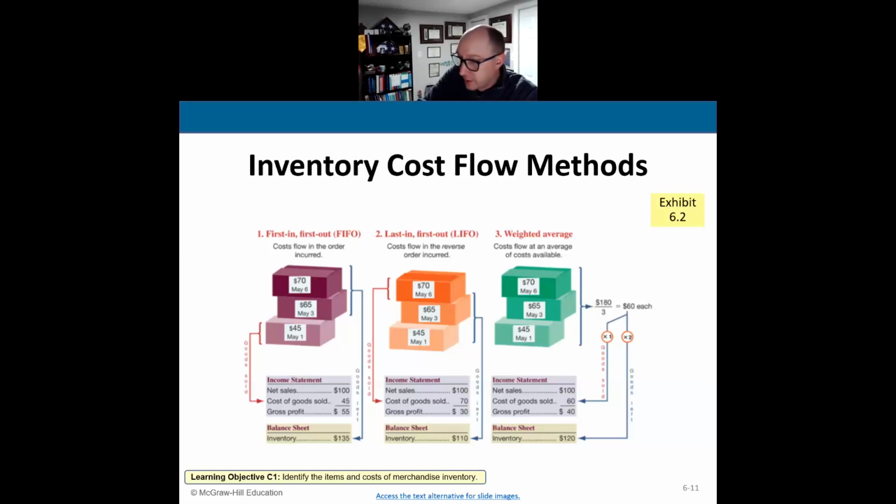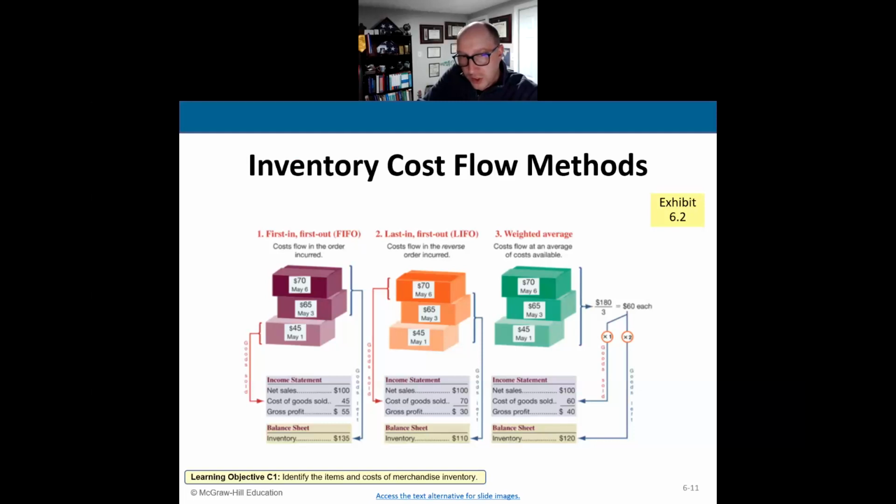All the dates and the costs are the same. I'm going to sell the last one first. The last purchase I made, the pair of shoes, was $70. So I need to sell that one first. Last in, first out. The sale price of the pair of shoes is $100.